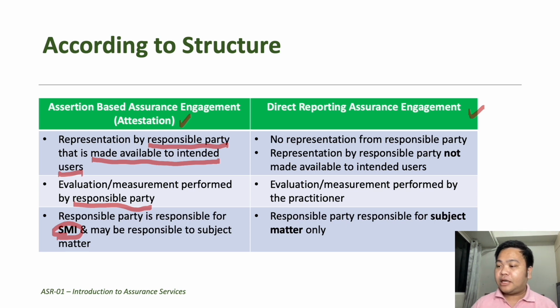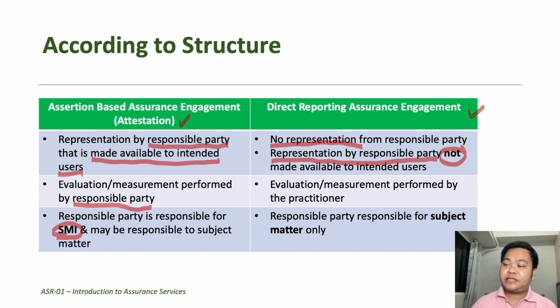Now, under direct services or direct engagement, there is normally no representation from the responsible party, or there may be a representation made by the responsible party, but it is not made available to the intended users.